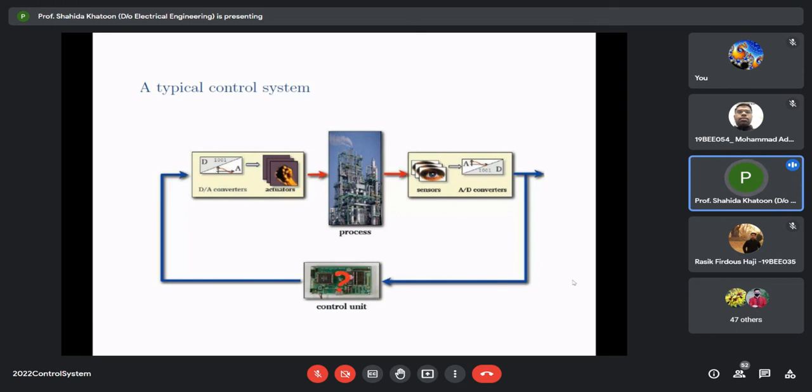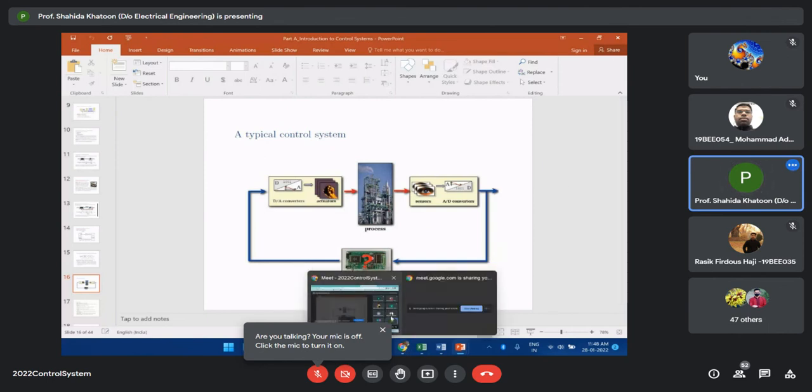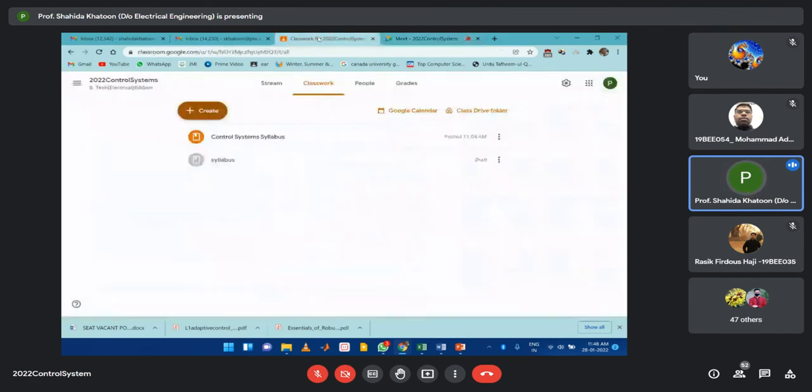So we'll start it from today. And that I will be doing right now. So I'm just giving you practice to go about the course.